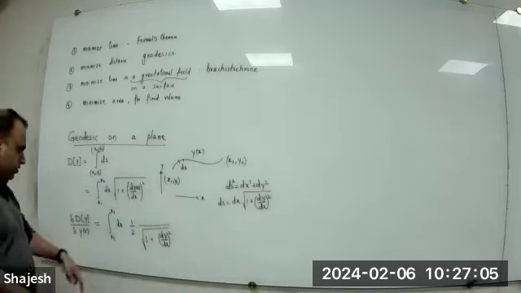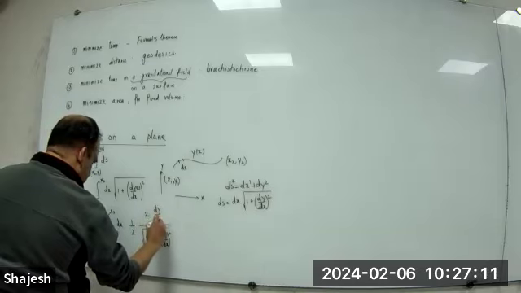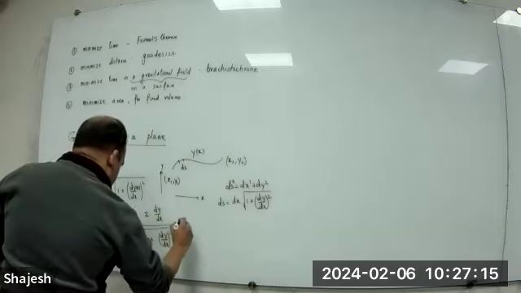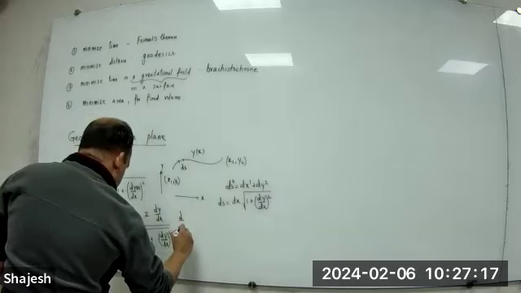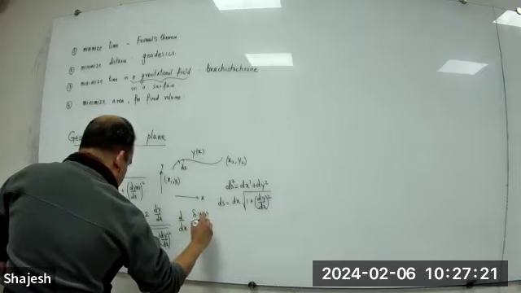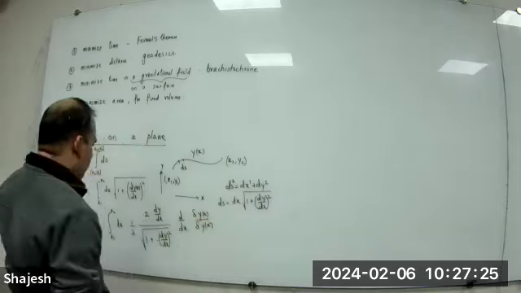And now I have to do the argument, so it is 2 times dy by dx. And eventually I have d by dx of delta of y of x. Clear?